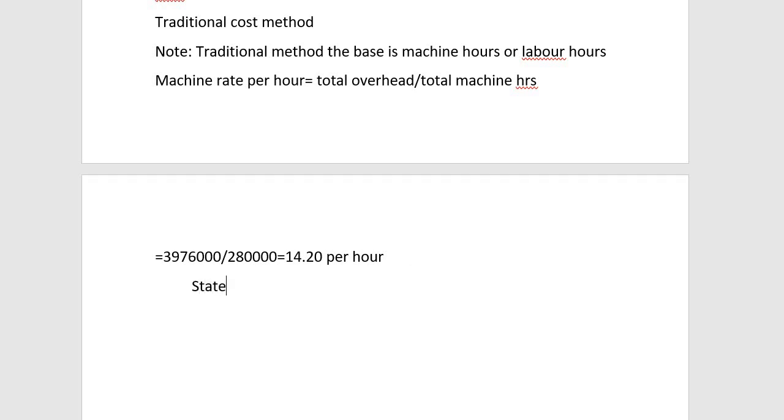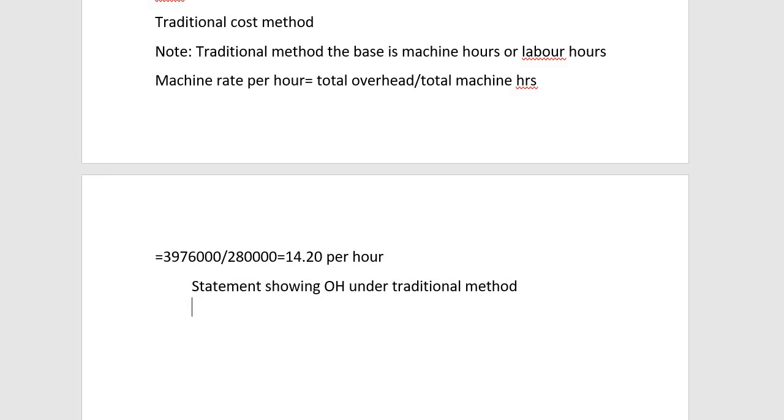Now we have to solve the statement showing overhead under traditional method. So this traditional method they will not ask for exam, they ask only to solve the problem on ABC cost, but this traditional method is for your understanding purpose.